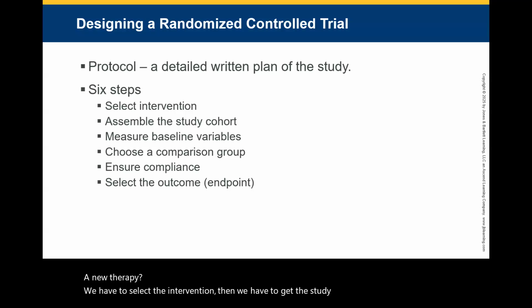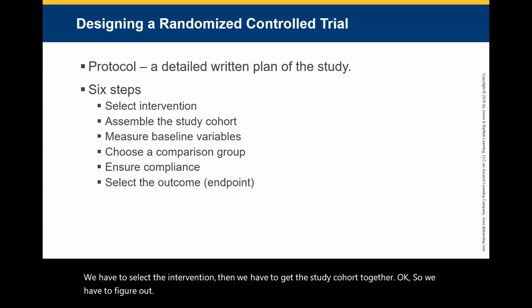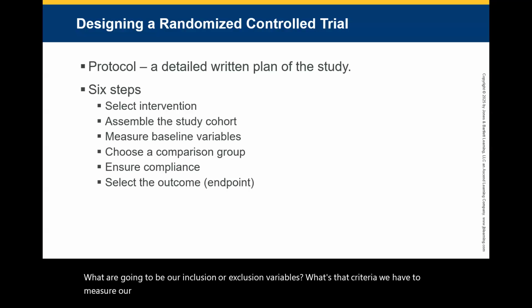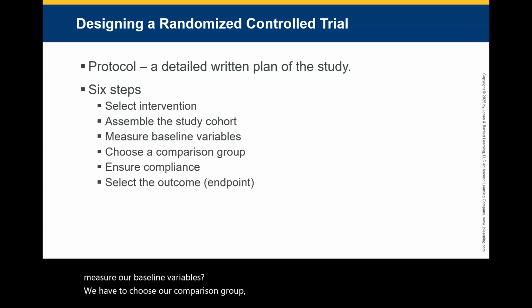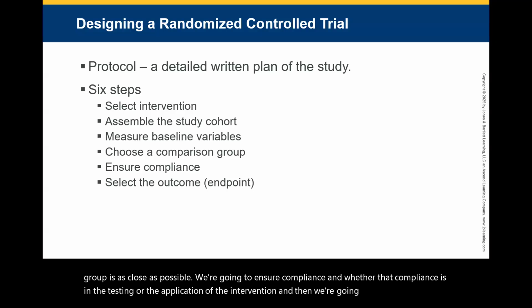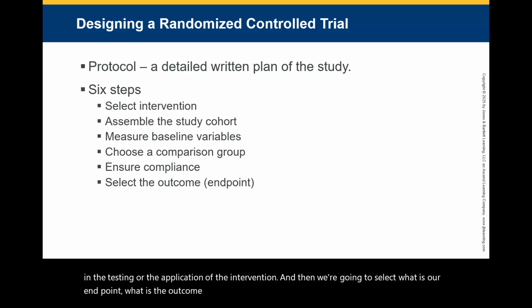Okay, so we have to figure out what are going to be our inclusion or exclusion variables. What's that criteria? We have to measure our baseline variables. We have to choose our comparison group. Remember, we're going to want to make certain that that group is as close as possible. We're going to ensure compliance, whether that compliance is in the testing or the application of the intervention. And then we're going to select what is our endpoint? What is the outcome that we're looking at?